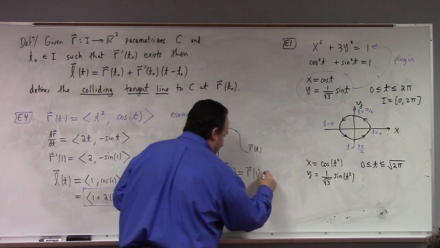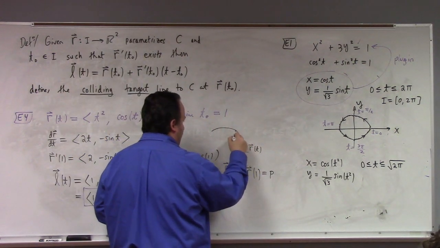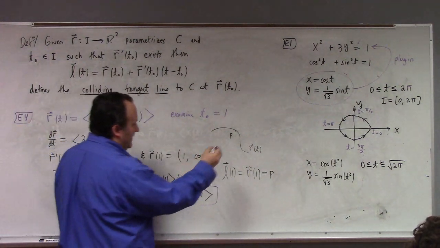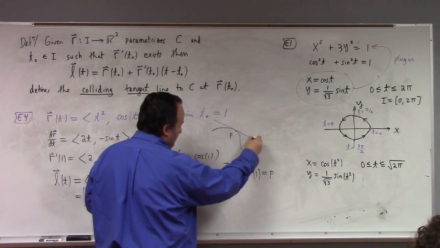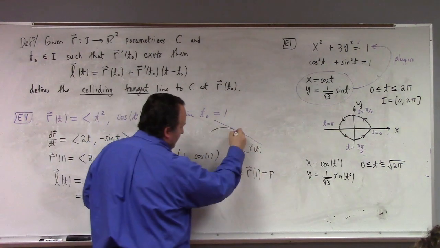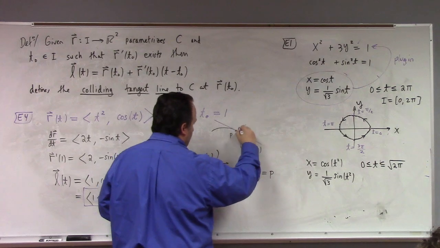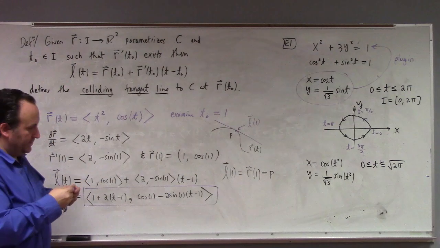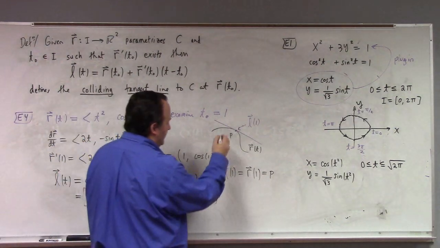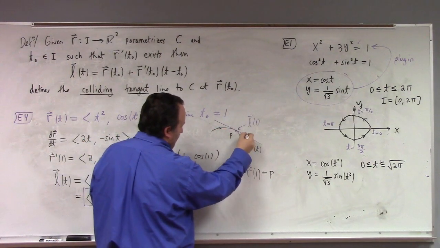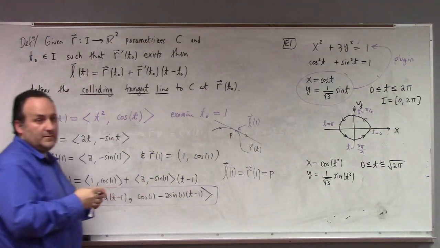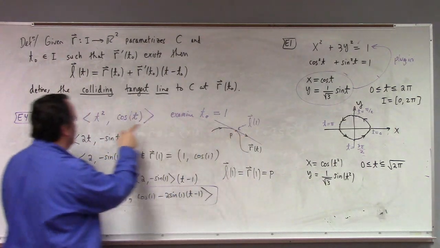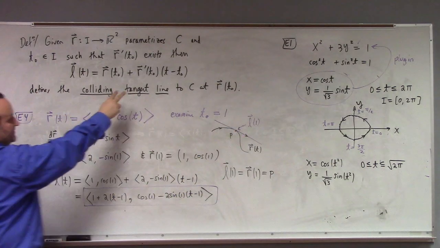Let's call that point P, since I'm tired of writing the other thing. That's the point P, right? The tangent line, well, it's a tangent line. It has the meaning of tangent line that you know, right? So like that. That point right there is also L of 1, right? And just as a heuristic picture, if the curve is going this way, then the tangent line is also going that way, right? And the direction of the tangent line is the velocity vector, this r prime of t naught.